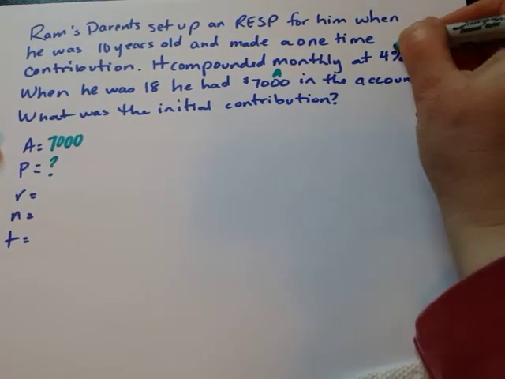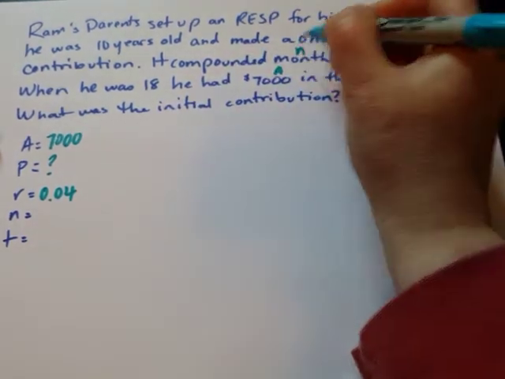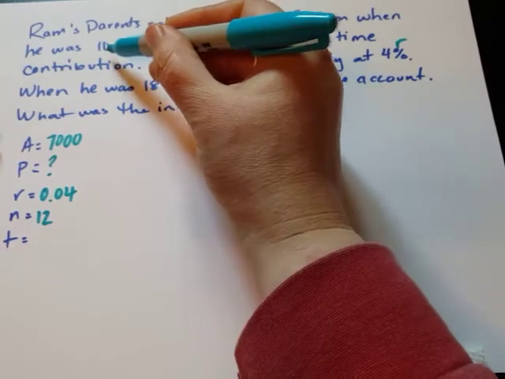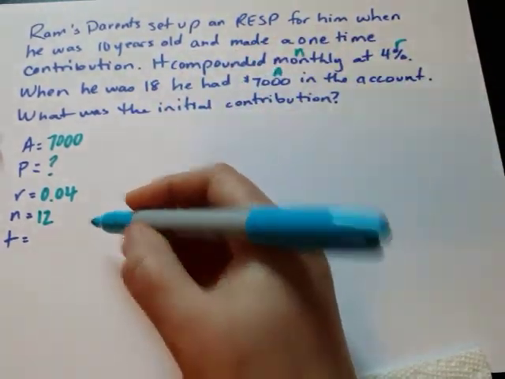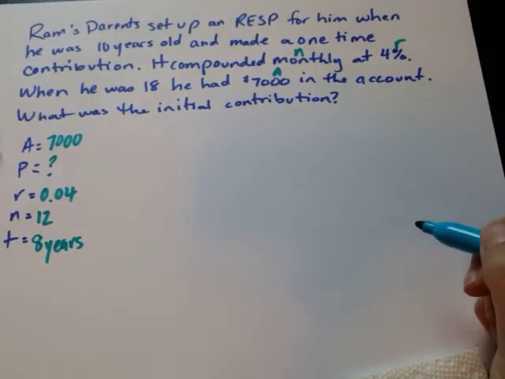We know the rate is 4%. We could see that it's compounded monthly. And in terms of the years, they began at 10 years old, and now this is at 18. So we're going to let this investment ride for 8 years.